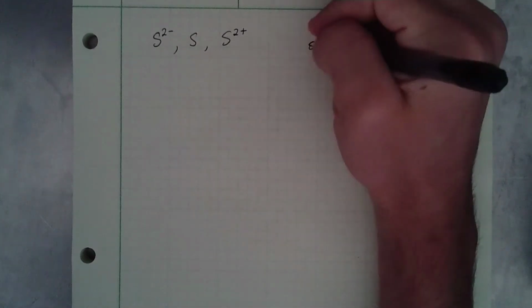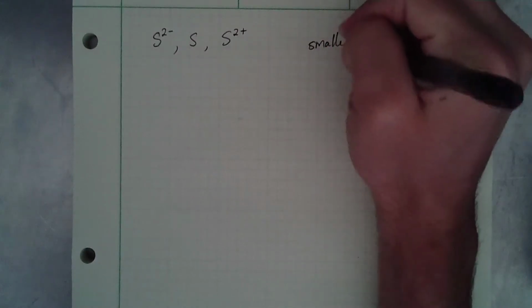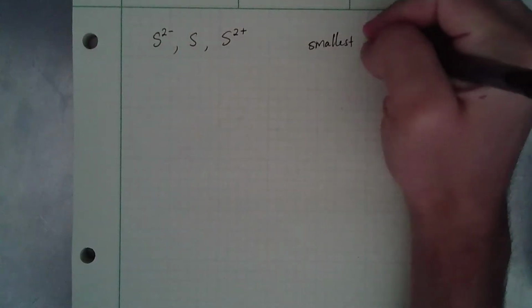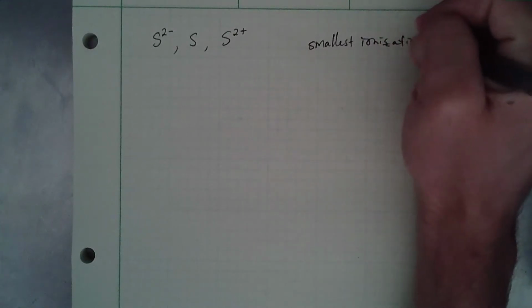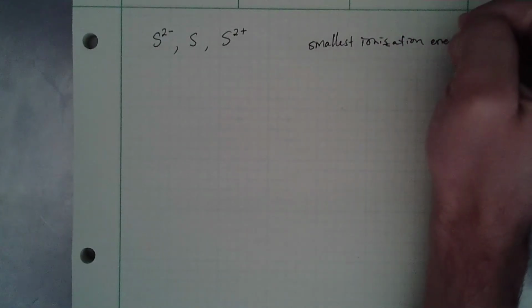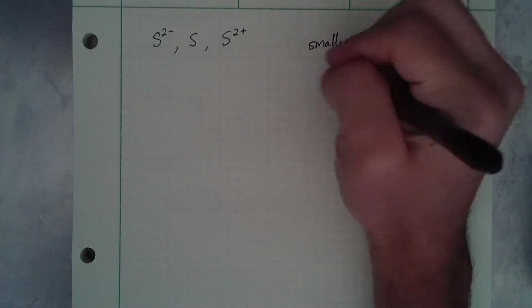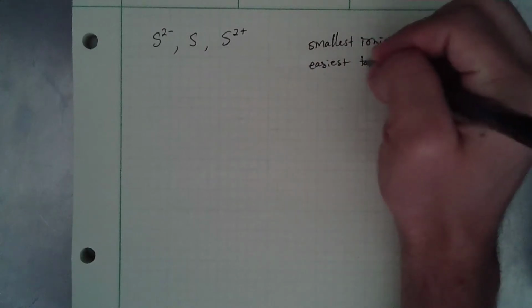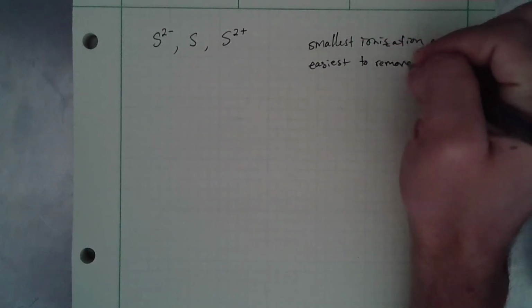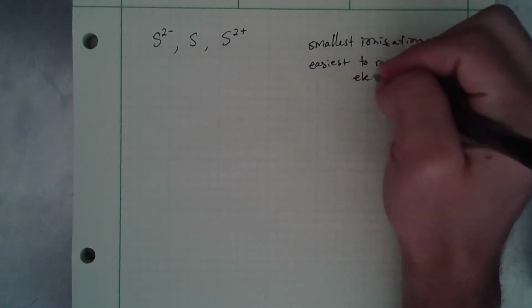All right, and we're looking for the ion, I should say, the atom that has the smallest ionization energy. And I'm going to go ahead and rewrite that as easiest to remove an electron from.